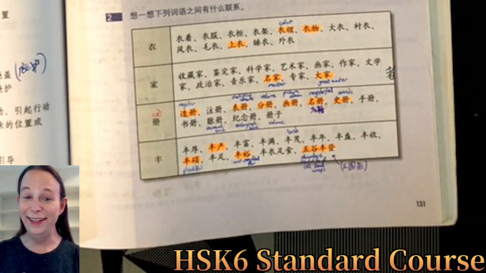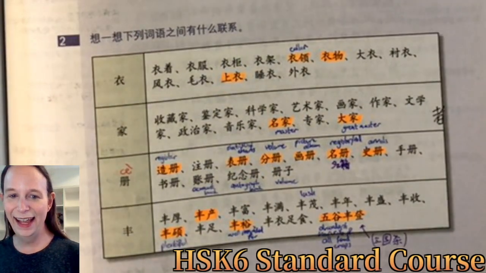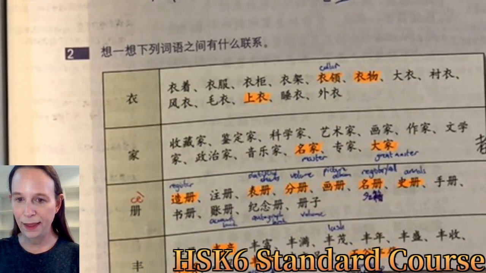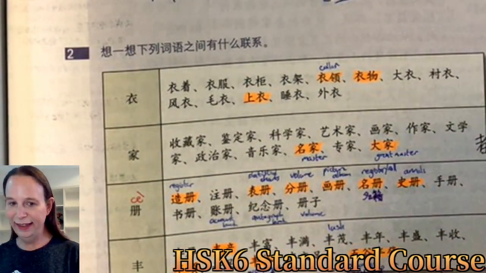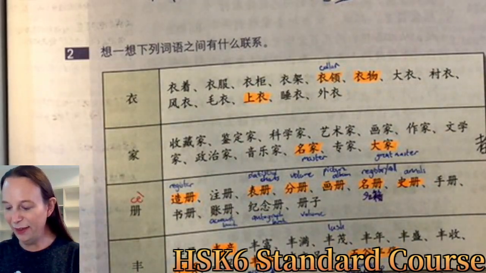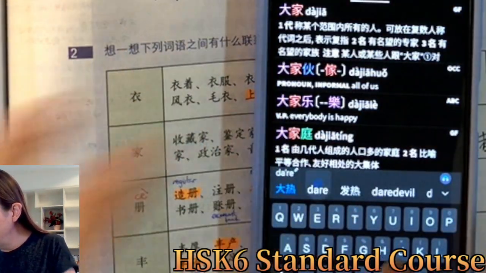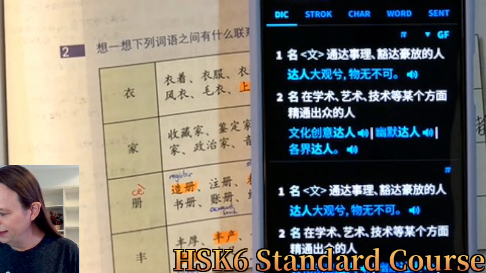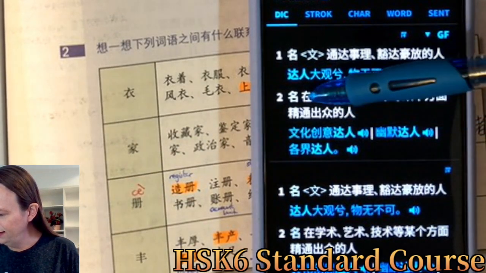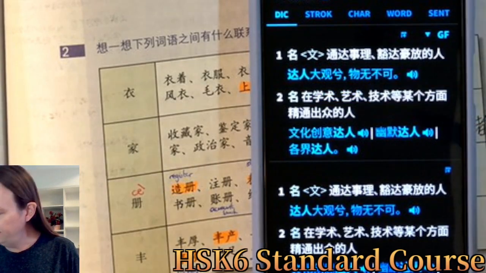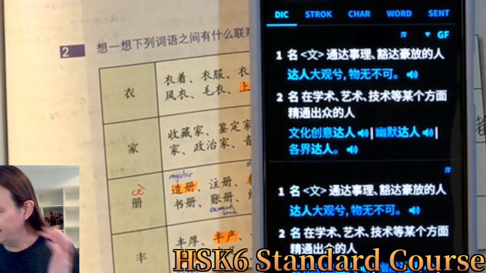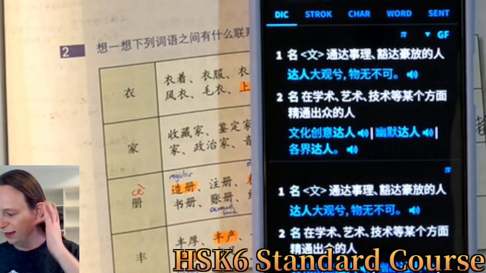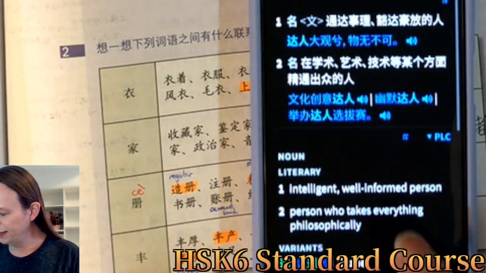That's the real advantage of living in China when you're learning Chinese: the ability to go to the library and just borrow this. Anyway, 大家 can mean master. There's other words like 达人. Here: 在学术、艺术、技术等某个方面精通出众的人. Oh, that's like polymath, is it?